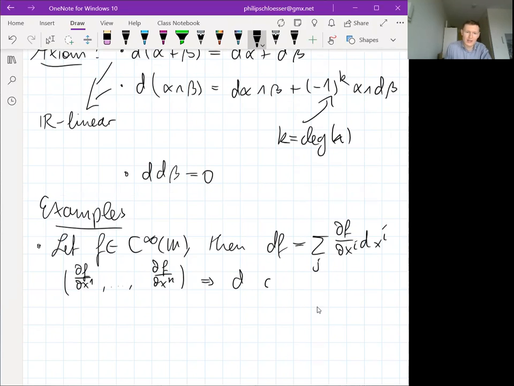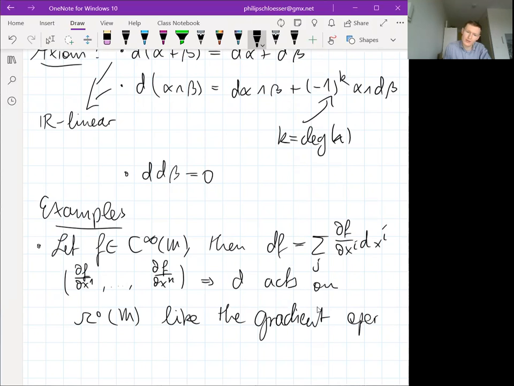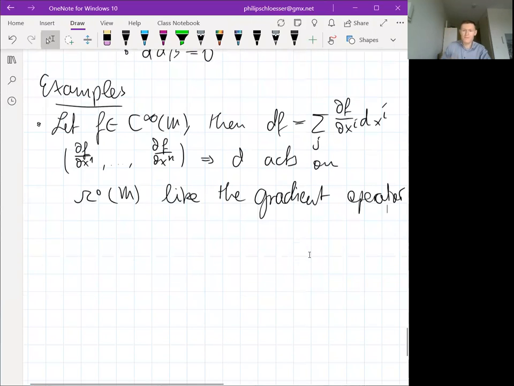So d acting on omega naught is like the gradient operator. Now we are going to specialize to, let's not say necessarily R3, but an open subset of R3.